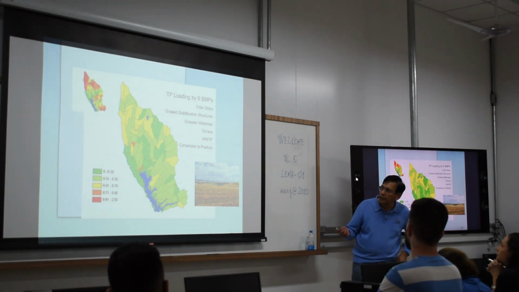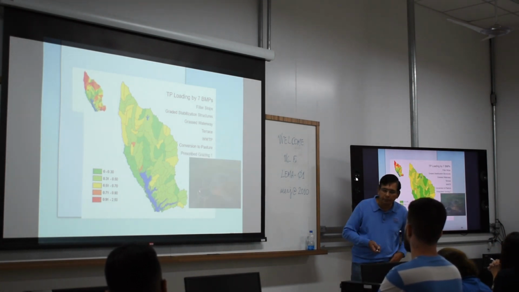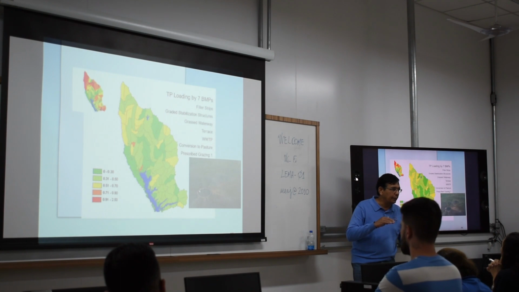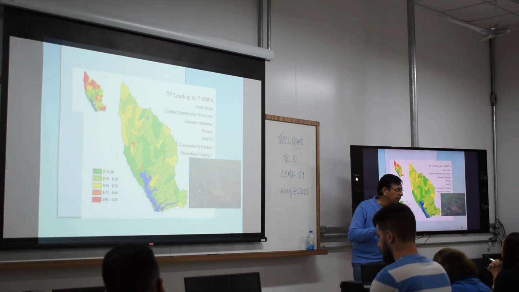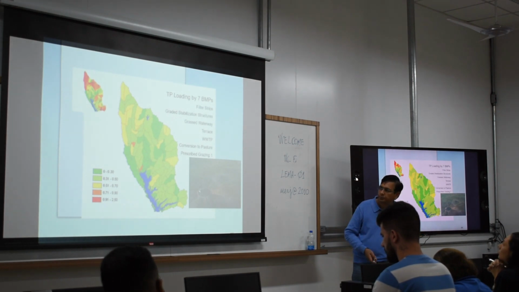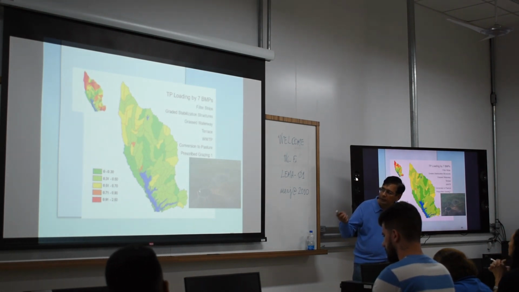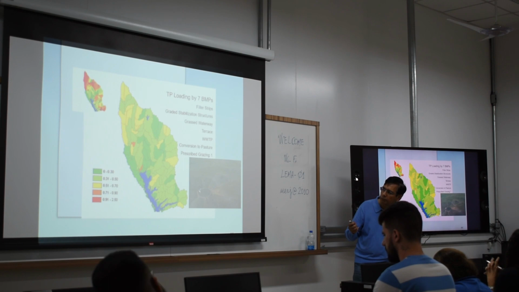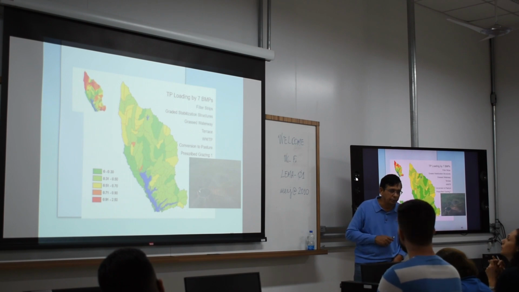And then finally we put in prescribed grazing, meaning limiting the number of animals per hectare on the land, so you don't overgraze. With all these reductions, now you can see most of the phosphorus is under control, less than 0.3 grams per hectare.